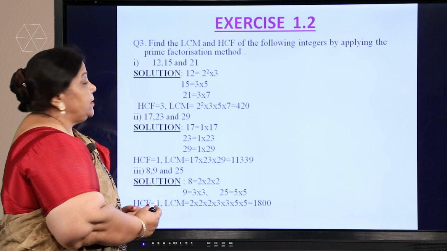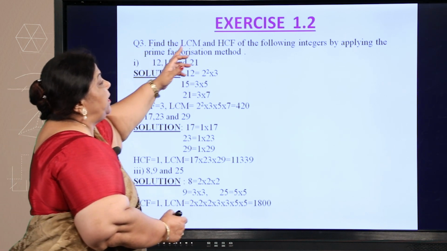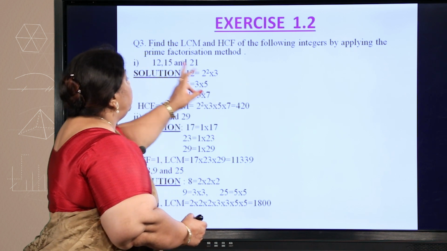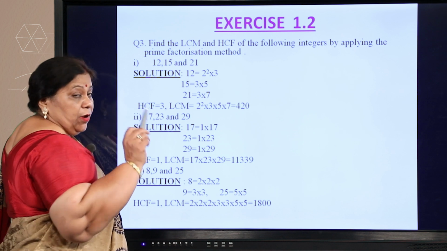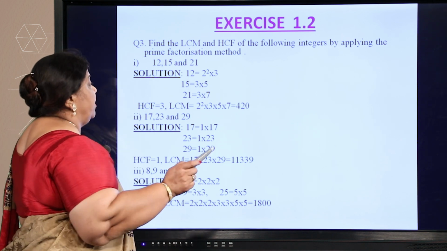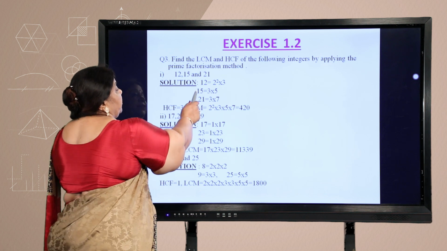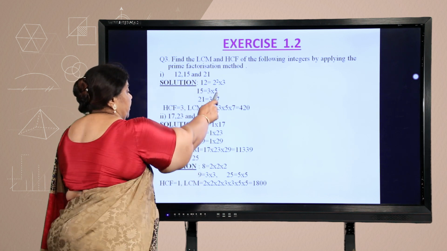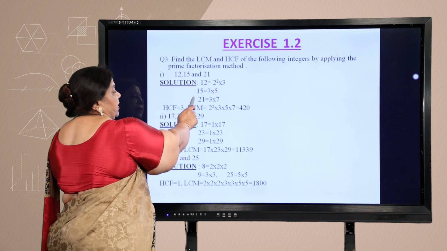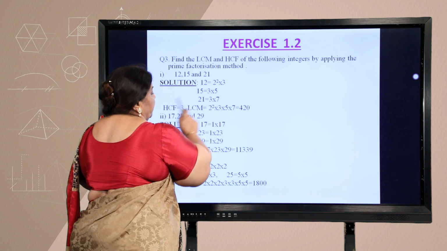So, students, let us look into the next question, question number 3, which says find the LCM and HCF of the following integers by applying prime factorization method. Numbers are 12, 15 and 21, very small and very simple. 12 can be factored as 2 into 2 into 3, 15 as 3 into 5, and 21 can be written as 3 into 7.